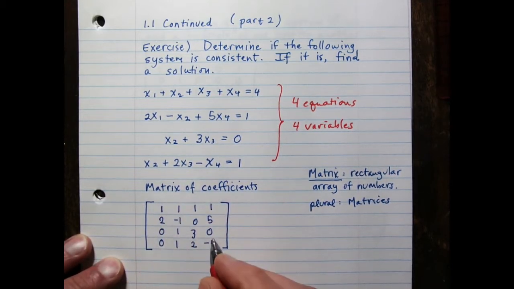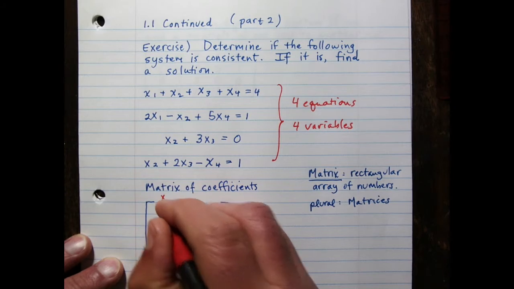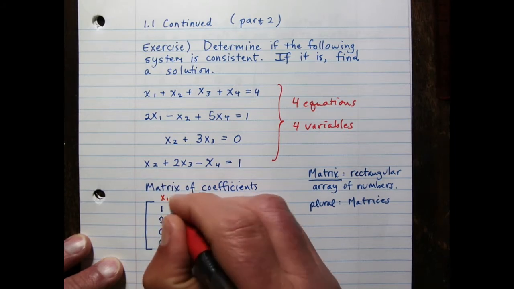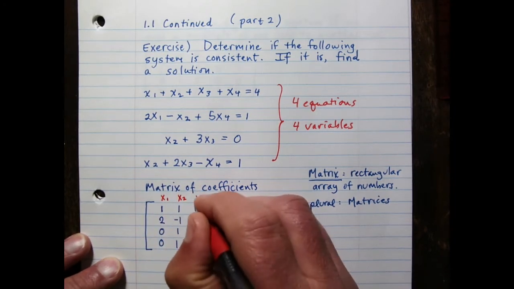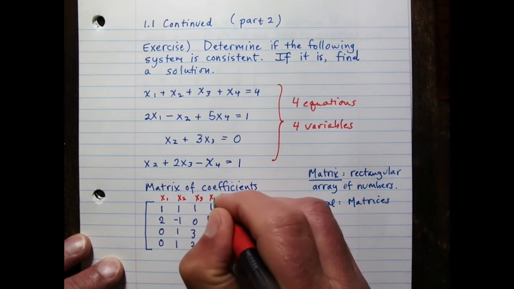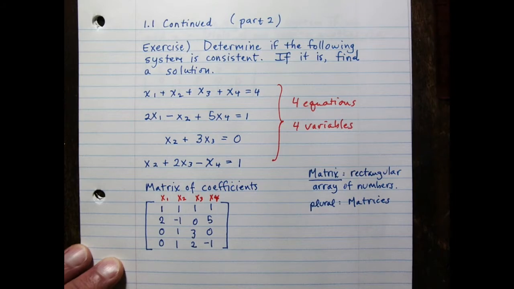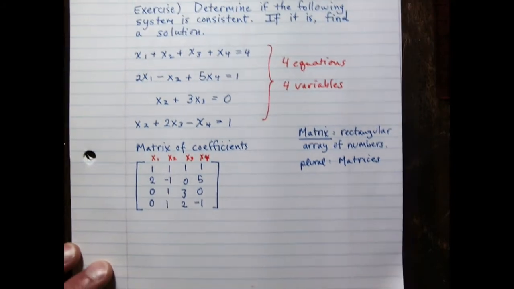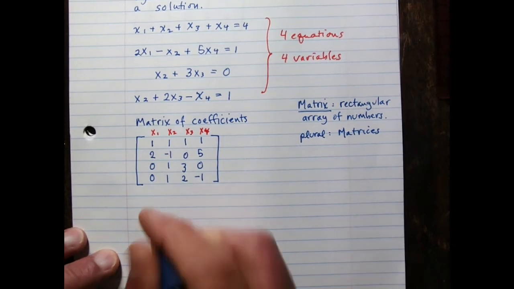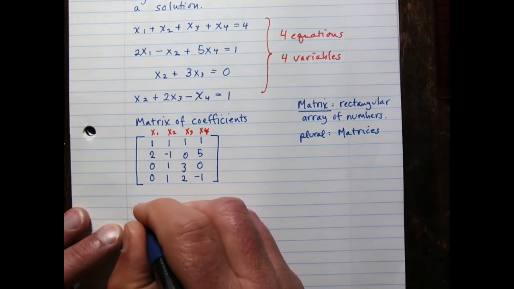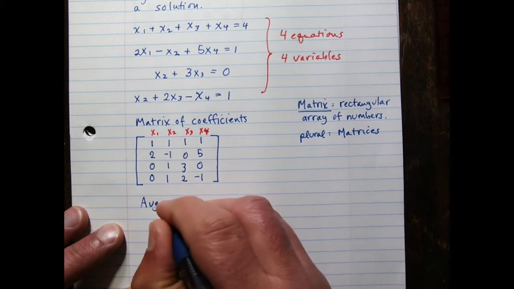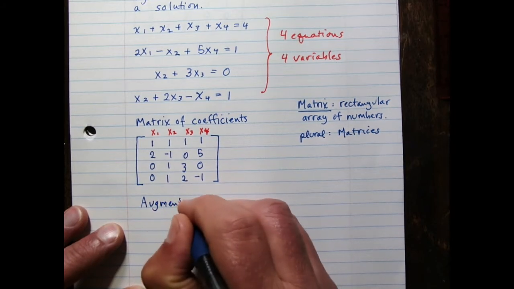So you need to know that this first column stands for the coefficients of x1, the second column the coefficients of x2, then x3 coefficients, then x4 coefficients. That's the tradition we're going to follow. Now, we're actually going to work with a slightly different matrix most of the time. We're going to work with something called the augmented matrix.